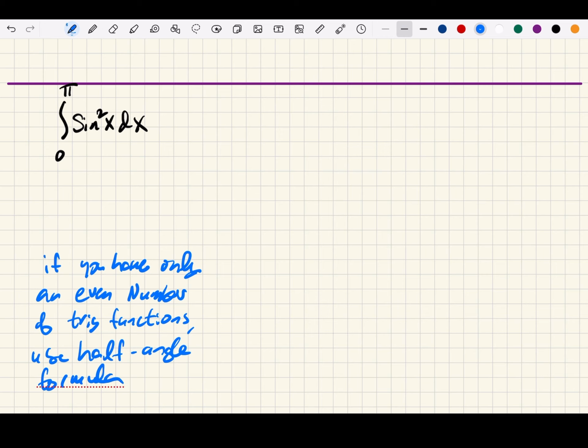Okay, so I just need to remember the half angle formula for sine squared. I think it's 1 minus cosine 2x over 2. Sounds right. And if you don't remember that, just Google it. That's a rare one that I have memorized because I've done it so many times. So I'm going to have the integral from 0 to pi of 1 minus cosine 2x over 2 dx.